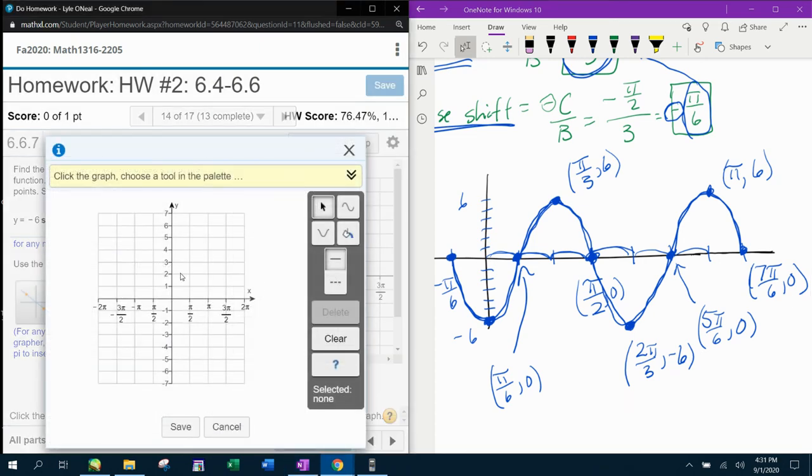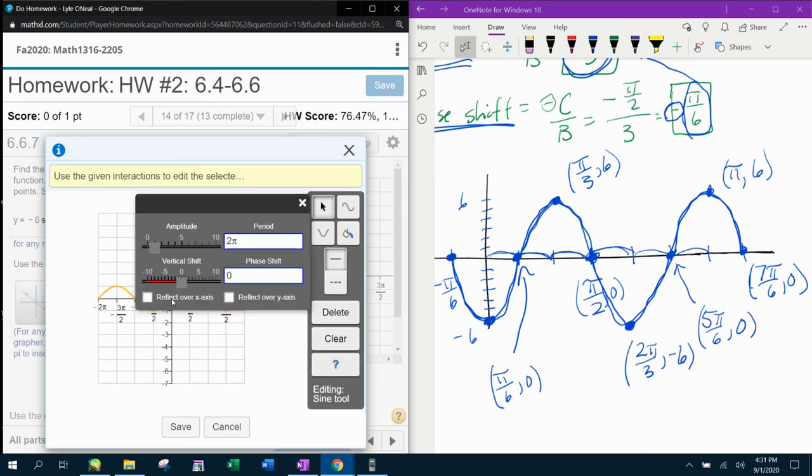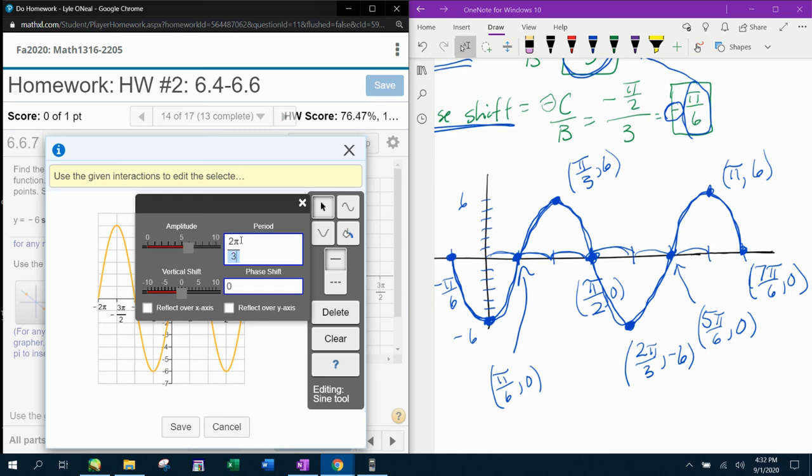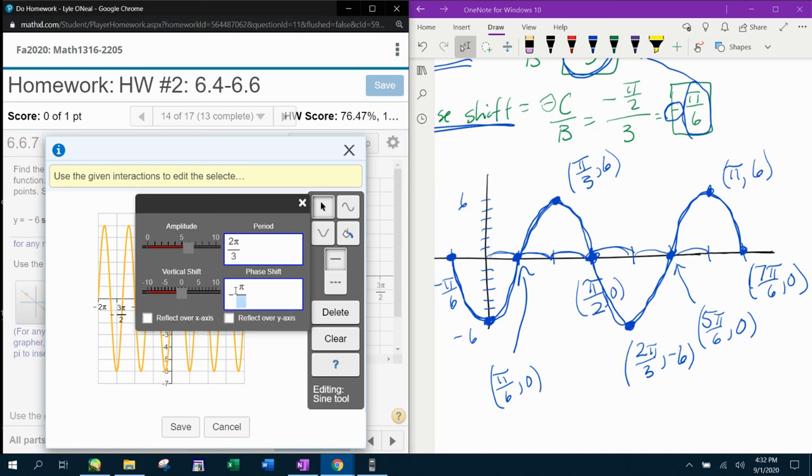We're going to graph in MyLab Math. This was a sine, so we're going to click on the sine tool and then click on the graph. Our amplitude was 6. Our period was 2 pi over 3. And our phase shift was negative pi over 6.